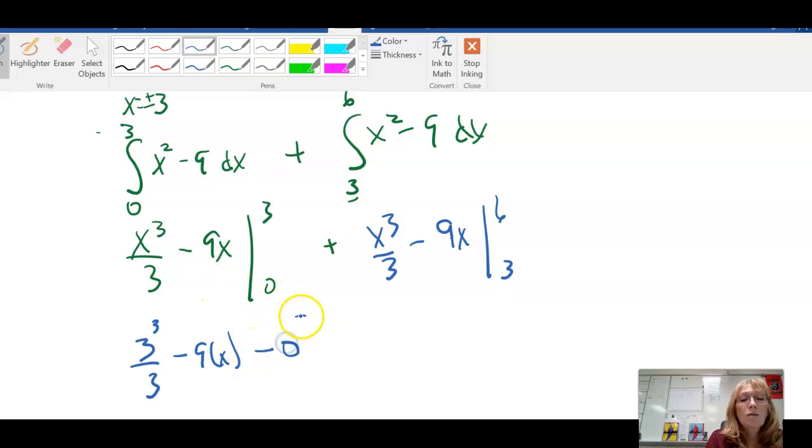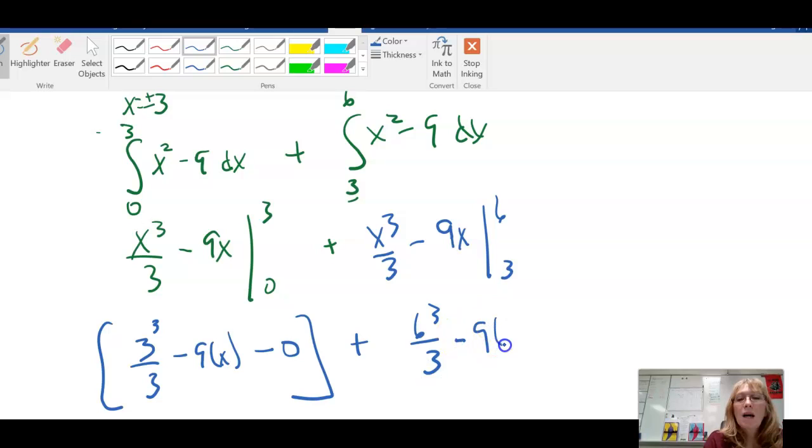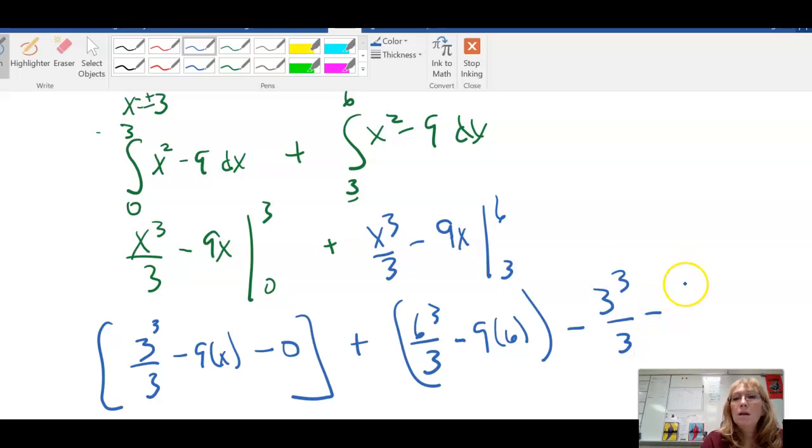So you're subtracting 0 from that for your first section. Plus 6 cubed over 3 minus 9 times 6. Minus 3 cubed over 3 minus 9 times 3.